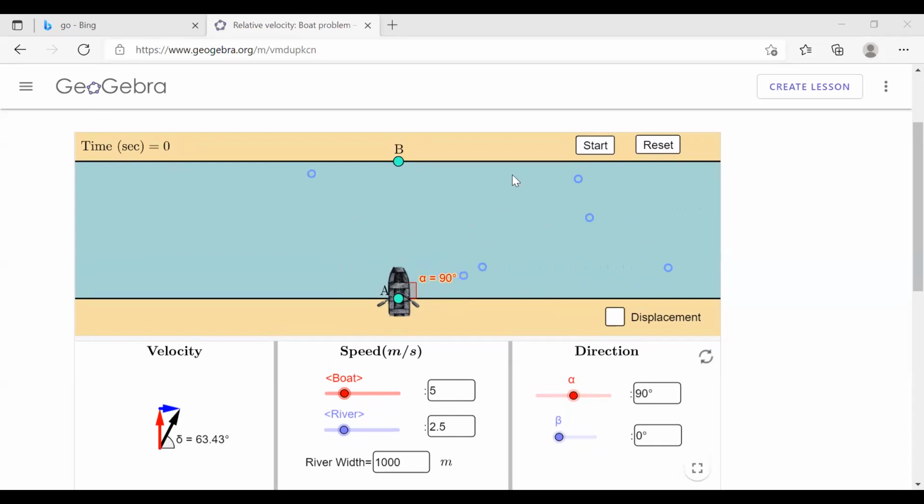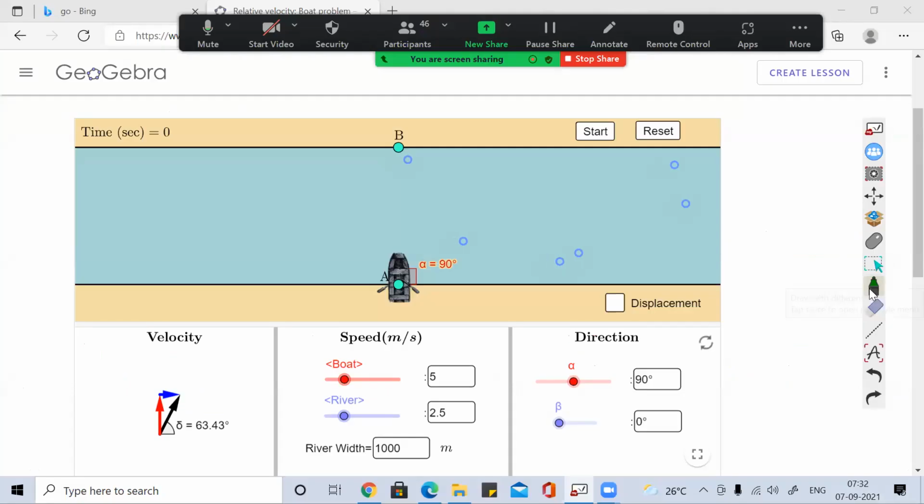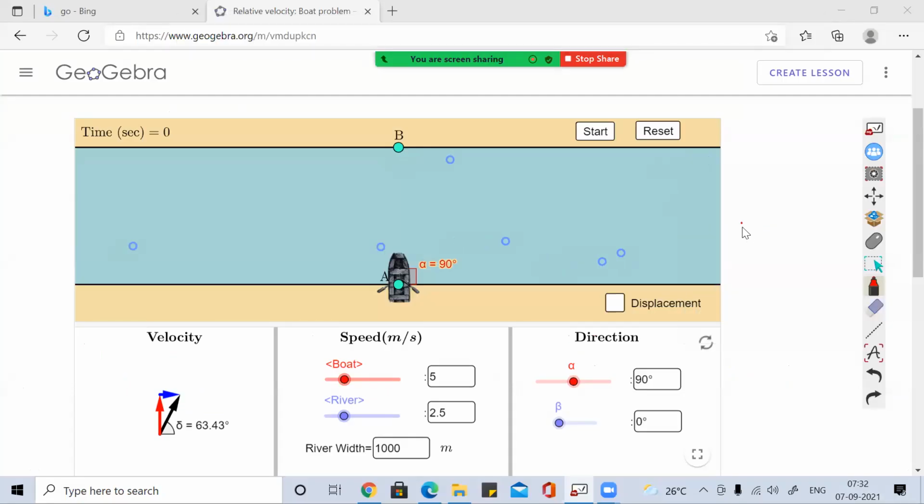Generally in two-dimensional motion they ask two things. First is the time taken to cross the river. Second is drift. What is meant by drift? It is the distance along the river flow which the boat has traveled.